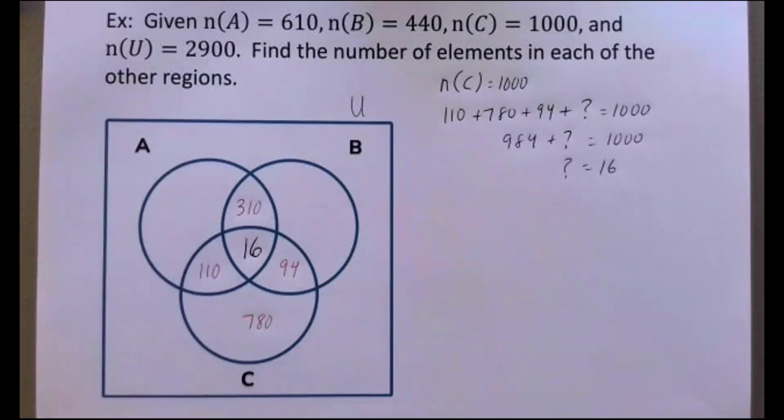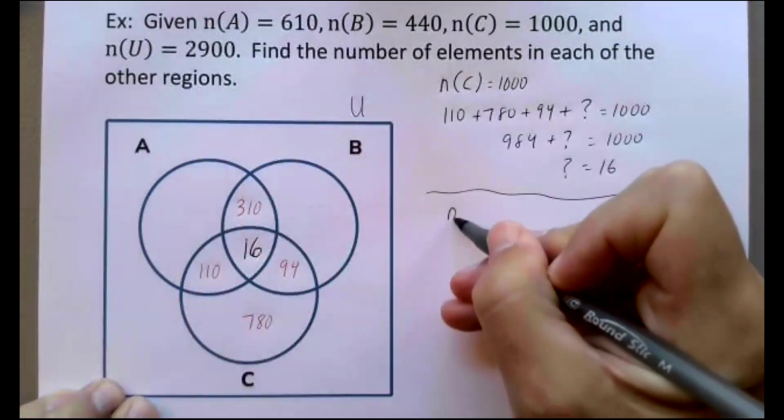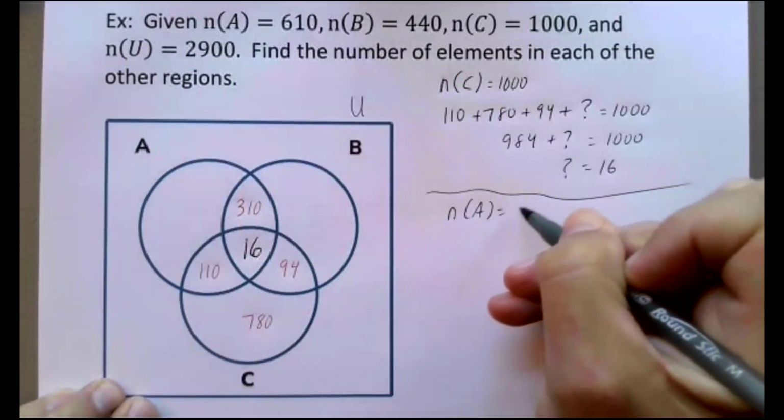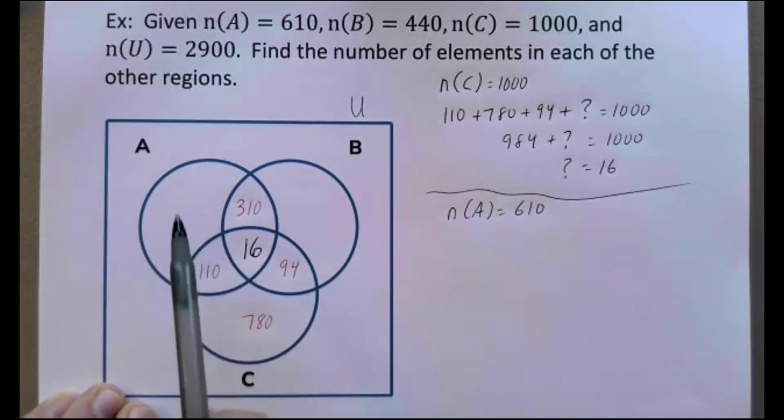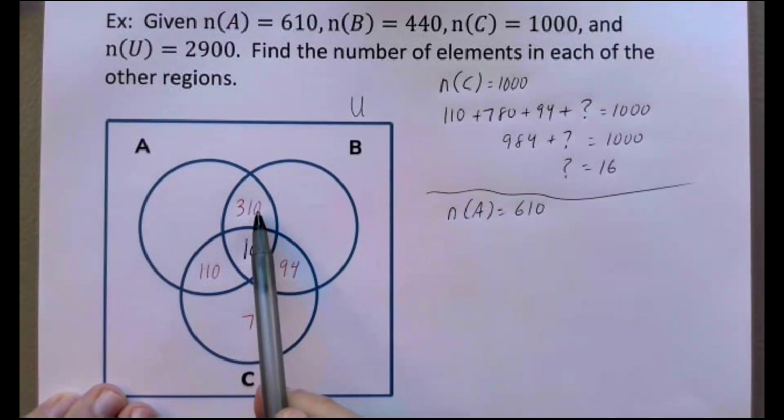Now that we have that, I think we could go deal with the A circle or the B circle, because the A circle and the B circle both have 3 of the 4 parts, and we're able to find the missing part. Like let's for example look at the fact that the number of elements in the A circle is supposed to have 610. The only thing I don't know is this part up here, but I know the other 3 parts.